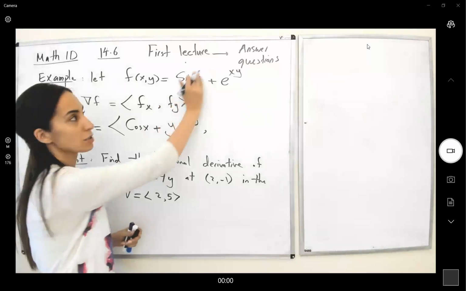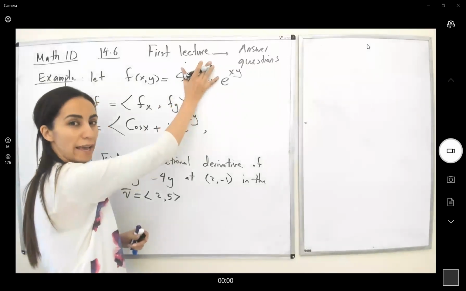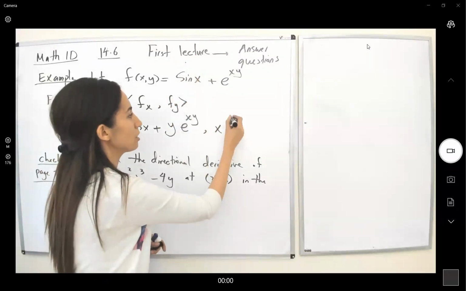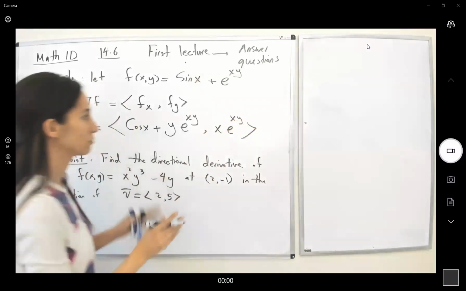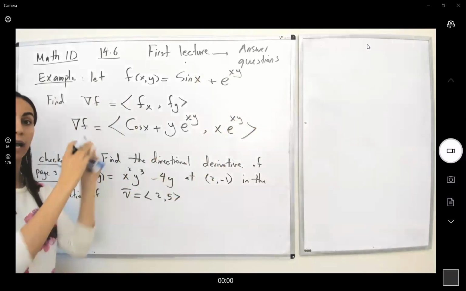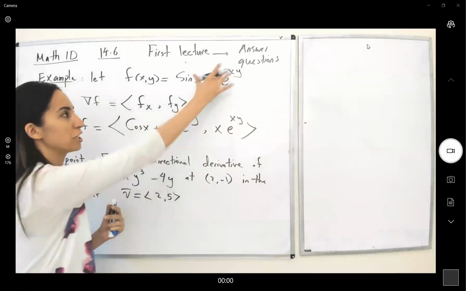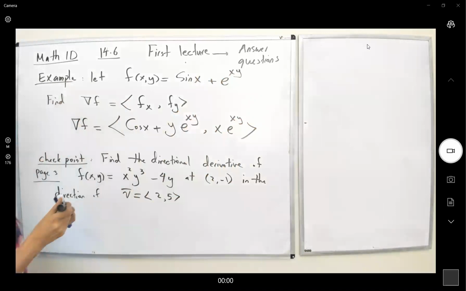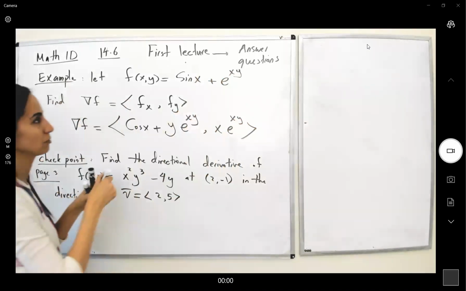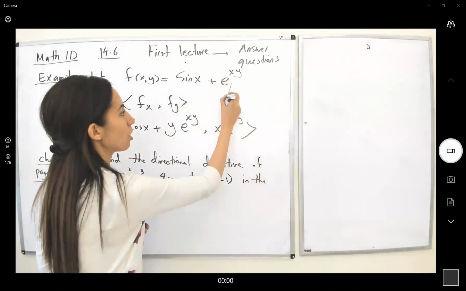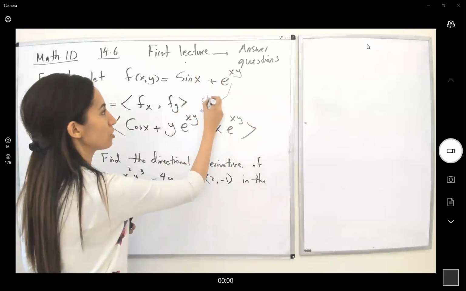This is going to be 0 with respect to y. You get x e to xy. As you see, we're getting back to Calc 1a using differentiation and chain rule. For this one, I used the chain rule.